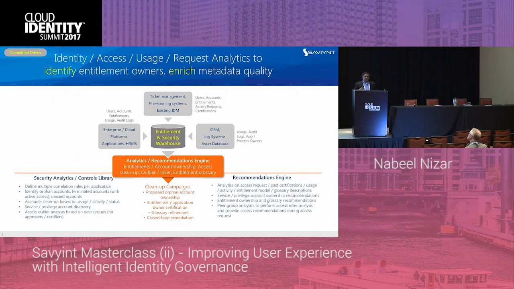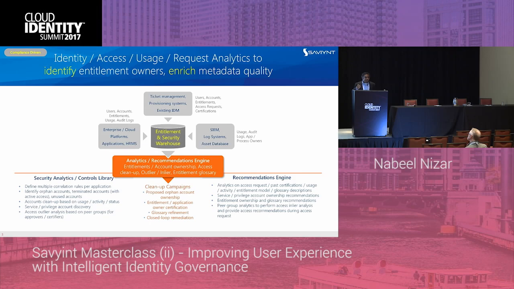At Saviynt, in order for us to bring intelligence into that identity governance process, we have to go beyond just looking at the application and the entitlements. Our focus is because businesses today have several different ways of providing that access. You've got ITSM tools like Remedy and ServiceNow being that front end for people requesting access, so you want to be able to audit that.